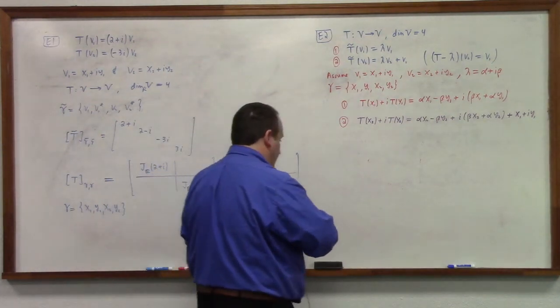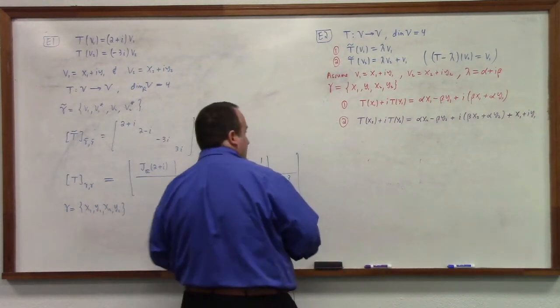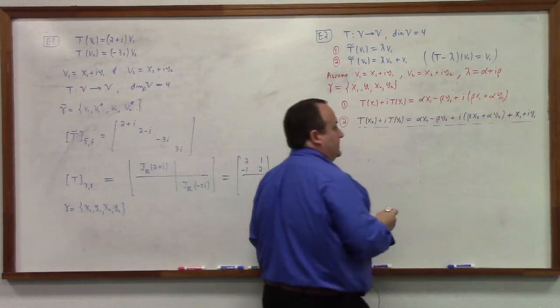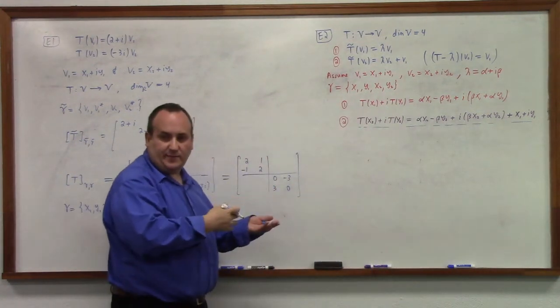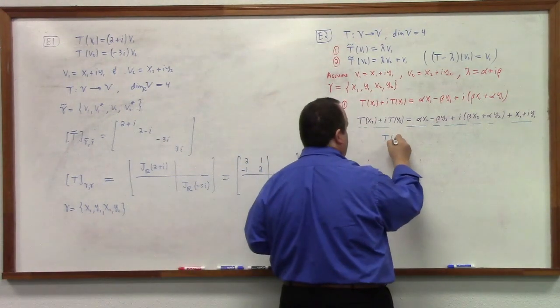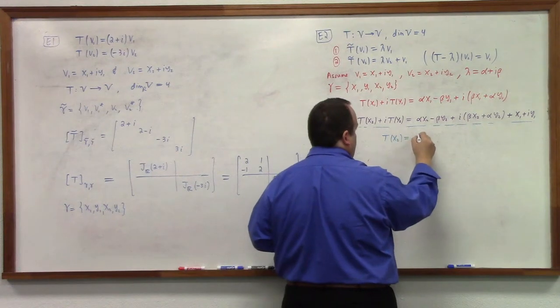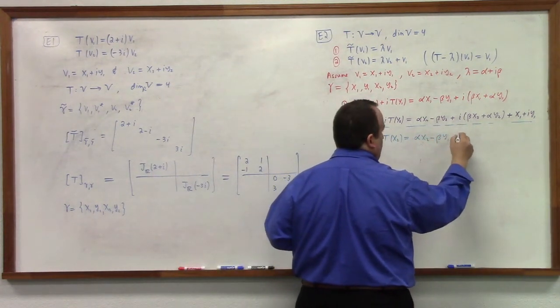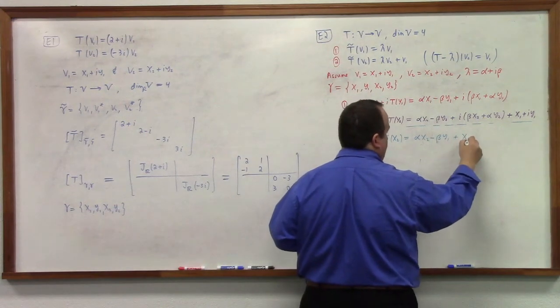So then what we need to do is take this equation and equate the real and imaginary parts to find out what the equations are for T of x2. T of x2 is what? It's alpha x2 minus beta y2 plus x1, right?